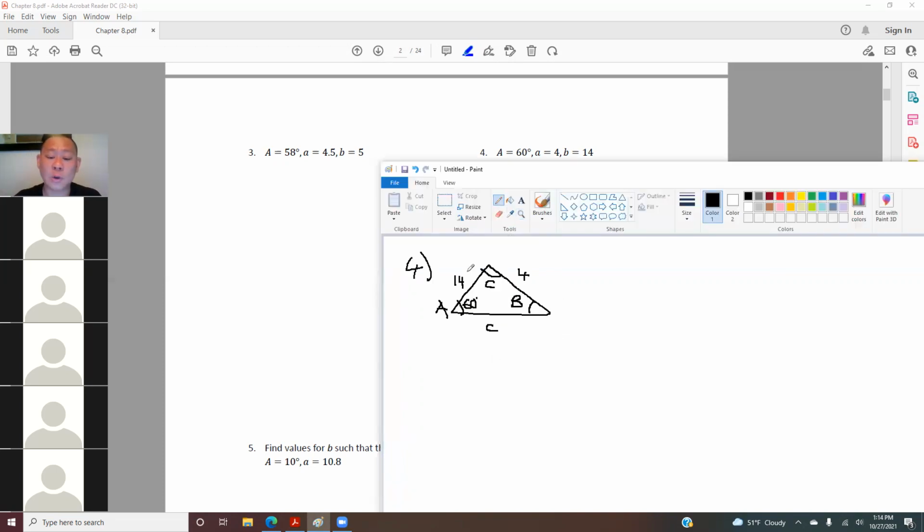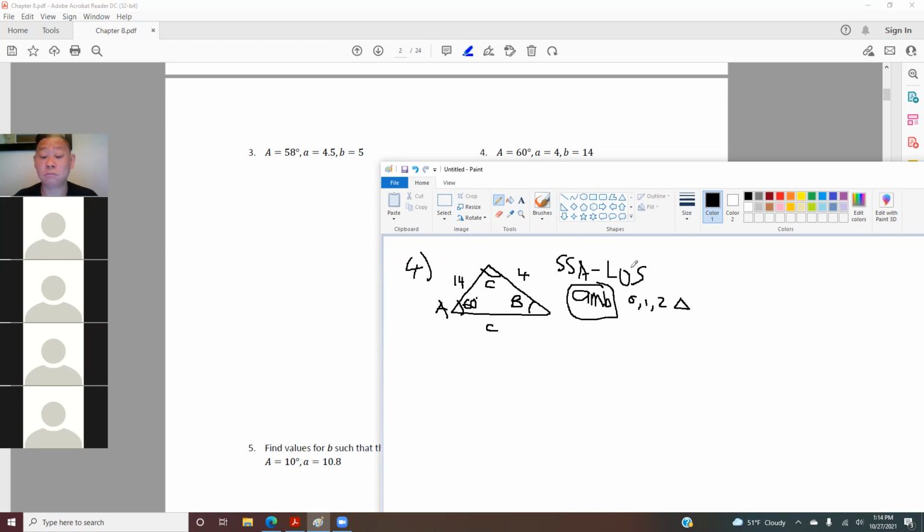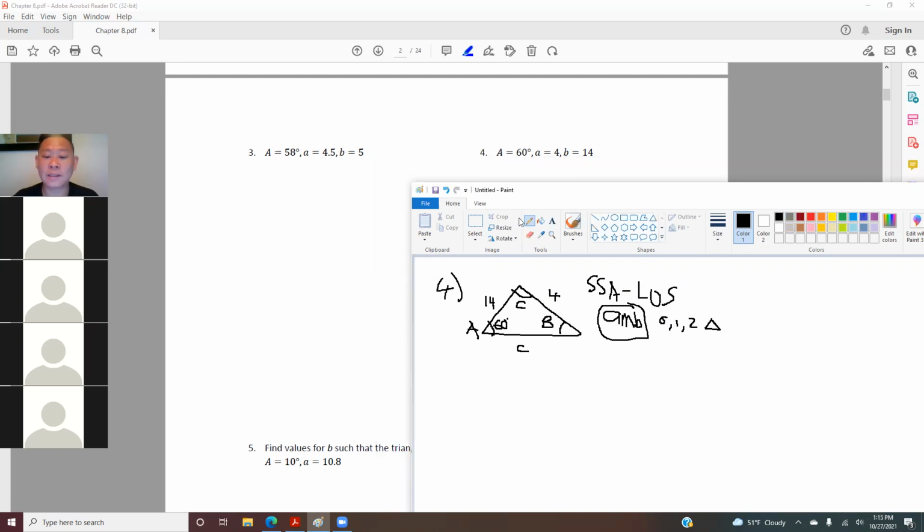So this is my triangle here. If you look at this, this is called an SSA triangle because I know the sides and the angle. This is also the law of sines, and this is the ambiguous case also, meaning that you can have 0, 1, or 2 triangles. Because we know A and we know B, we will look for angle B first.